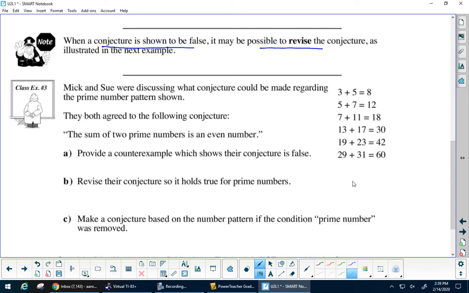And 29 plus 31 is 60. So they both agreed this is the conjecture they're going to make: the sum of two prime numbers is always an even number. True or false? And don't say false unless you can tell me why.